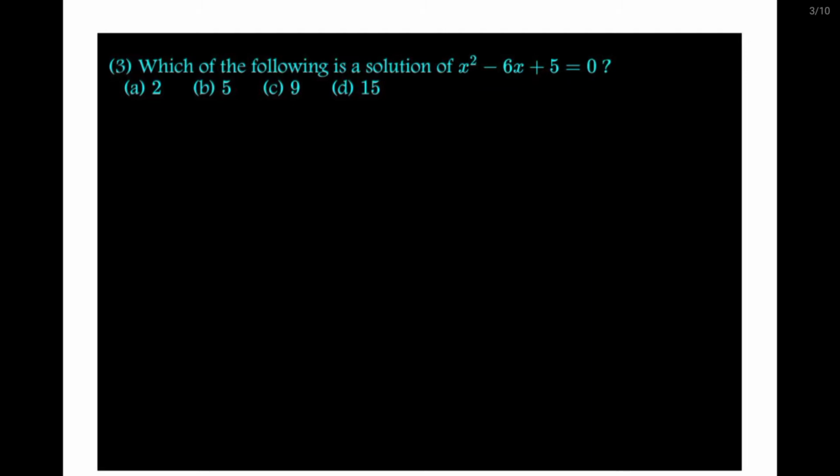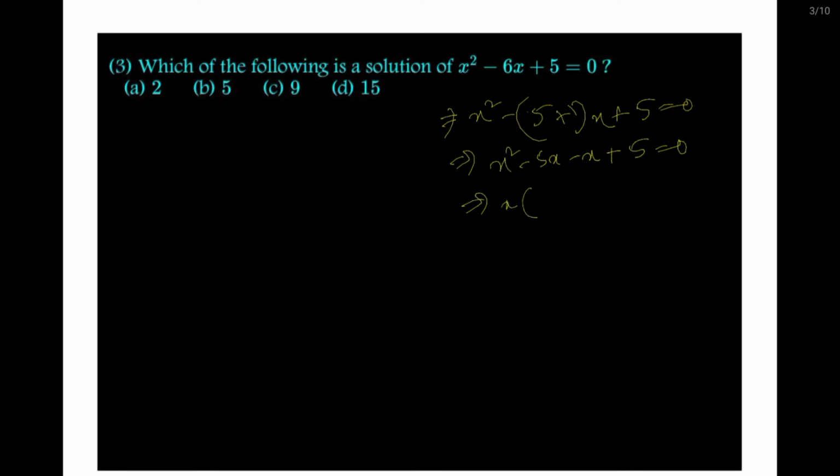If we solve it, we can factorize it as x squared minus (5 plus 1)x plus 5 equal to 0. It will now become x squared minus 5x minus 1x, or I should write it as x only, plus 5 equal to 0, and now it will become x.